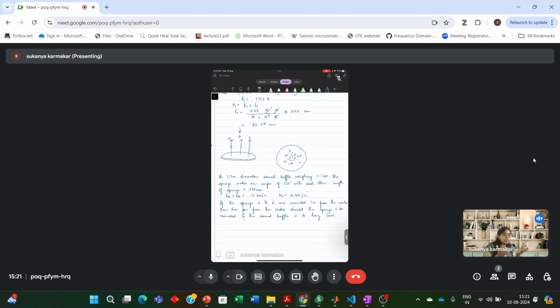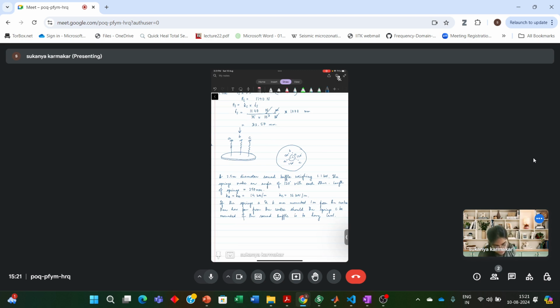In other words, we'll be using force equilibrium for calculating the spring forces. For this baffle to remain level, we can use the moment equilibrium concept.